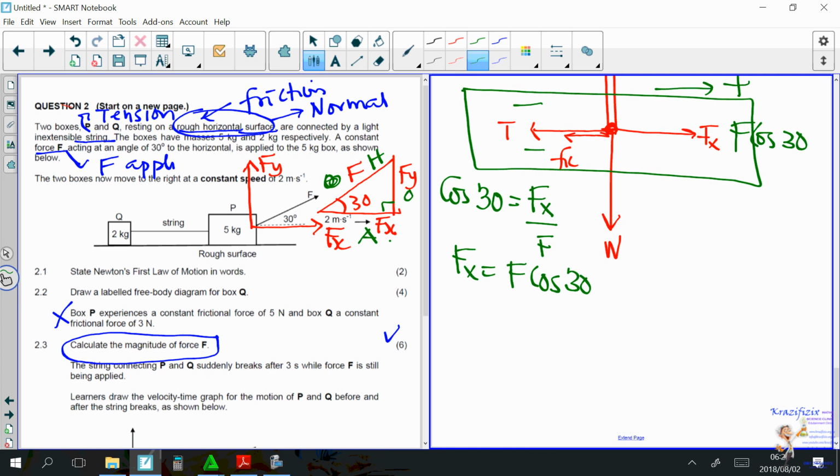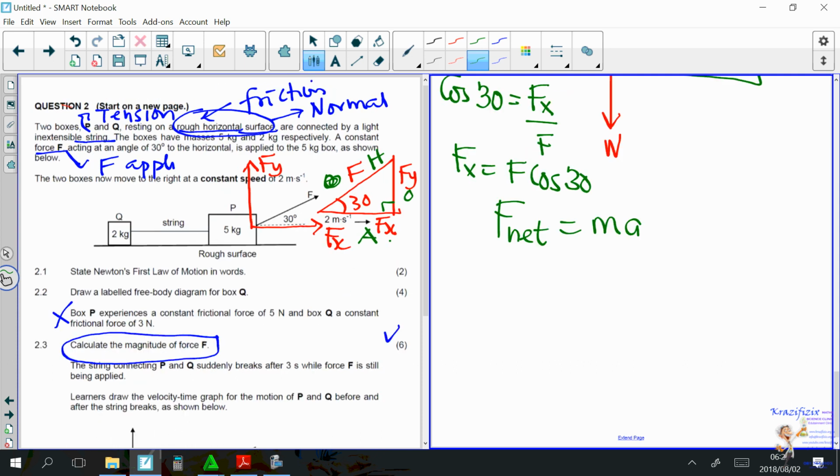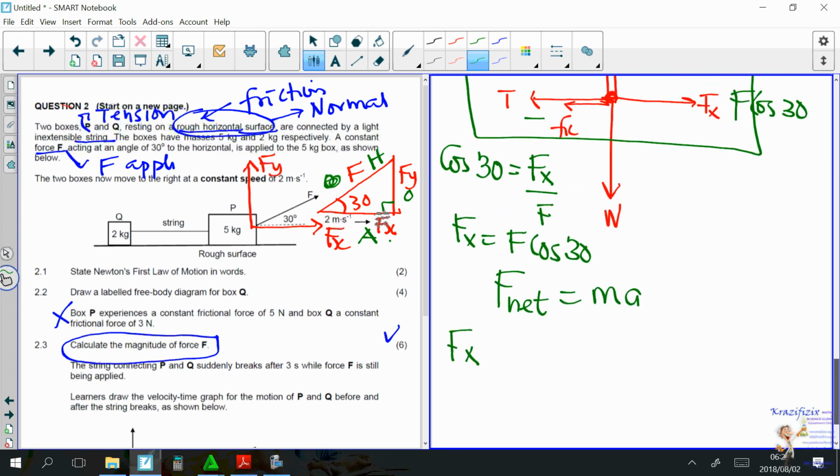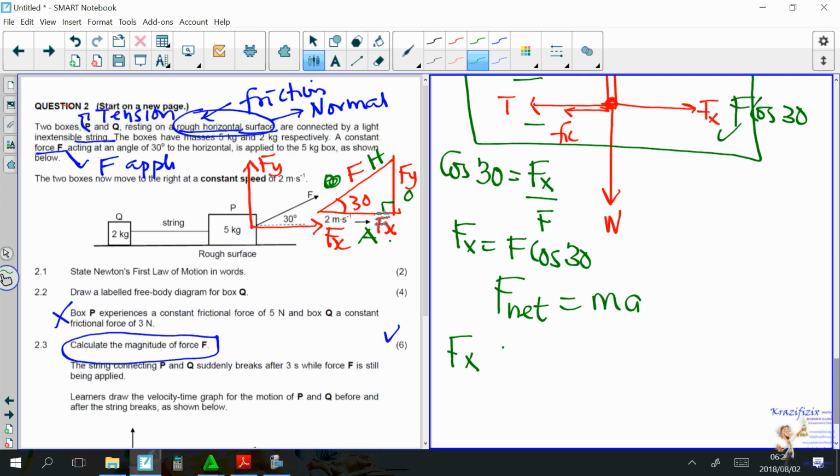Now I have Fx plus, okay, let's do this. F net equals MA, which is Fx. I want you to be able to see my diagram first. Fx plus negative tension, I'm sure you know where the negative is coming from, plus negative friction equals MA.